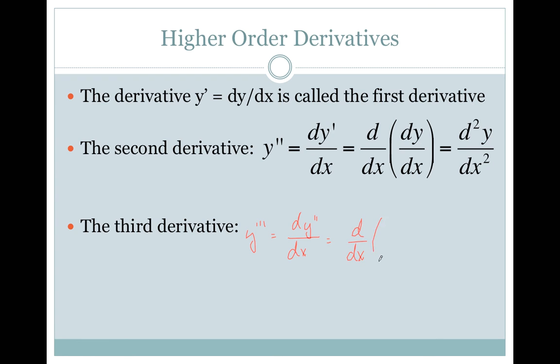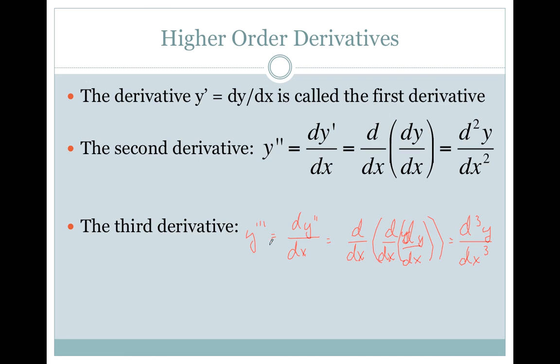We could say it's the derivative of dy dx. We take the derivative of y with respect to x, then we take the derivative of that, then we take the derivative of that, and we could continue this to d3y over dx cubed. That would be the third derivative.